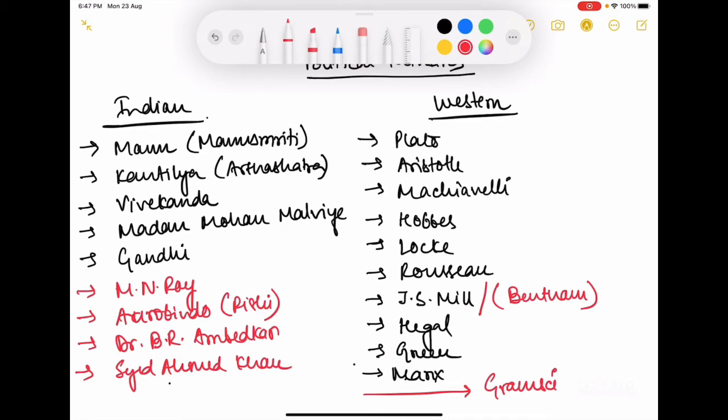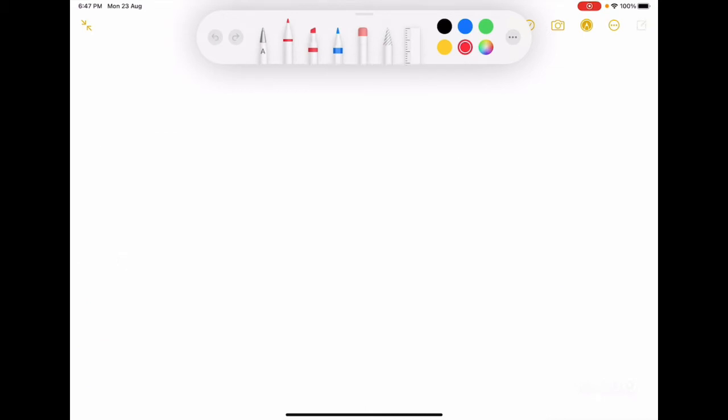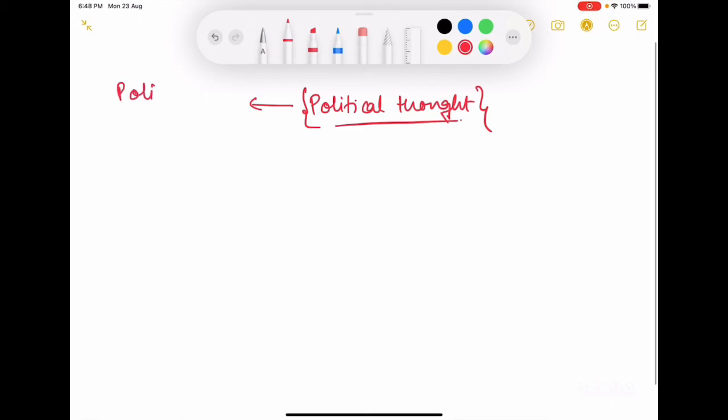Now, when it comes to political thought, the most important areas are political theory and its approaches. Then there's a 100% sure area of questioning, which is theories of the state.